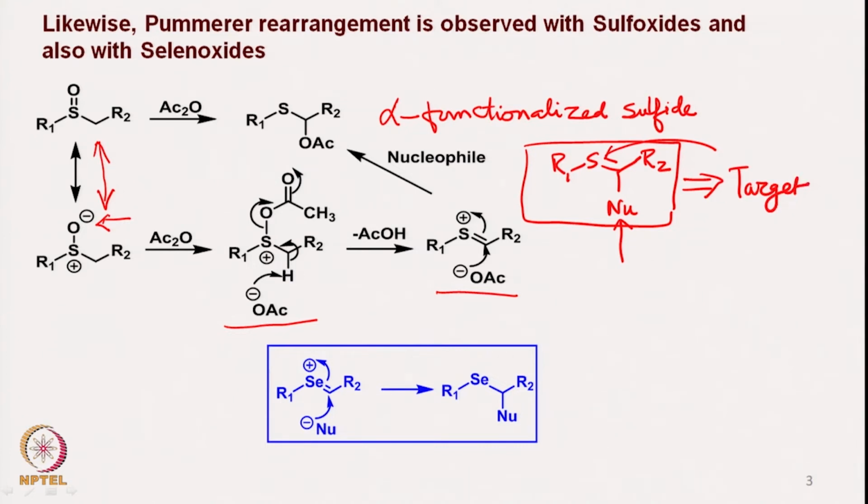So, this kind of sulfoxide based Pummerer rearrangement followed by nucleophilic attack, as well as selenium based Pummerer rearrangement followed by nucleophilic attack, is an important development that we discussed last time.